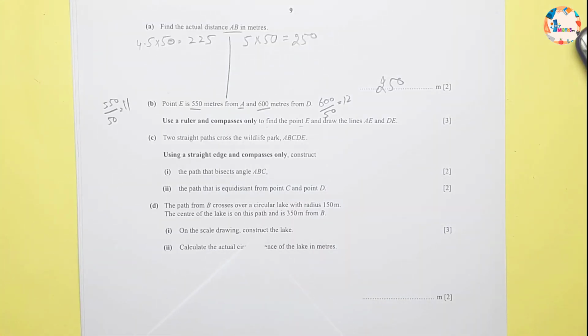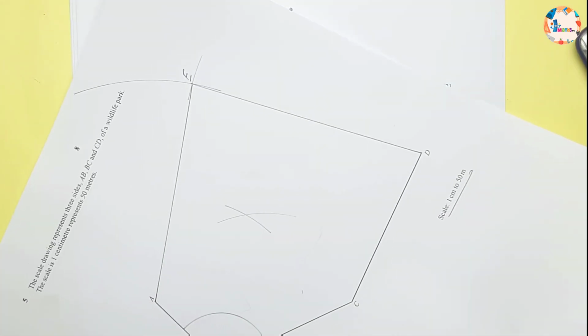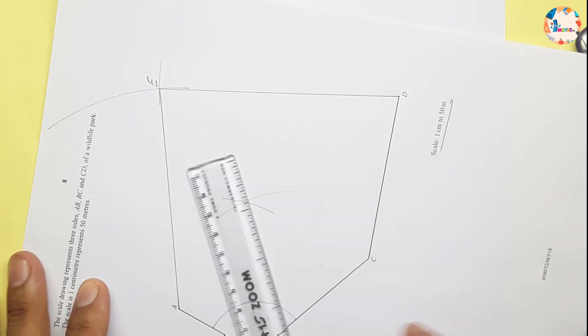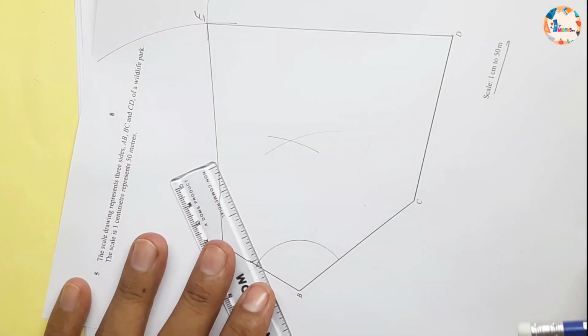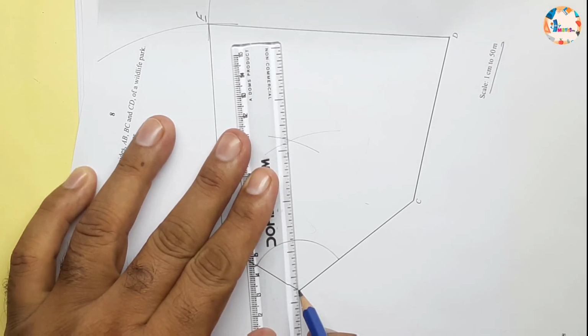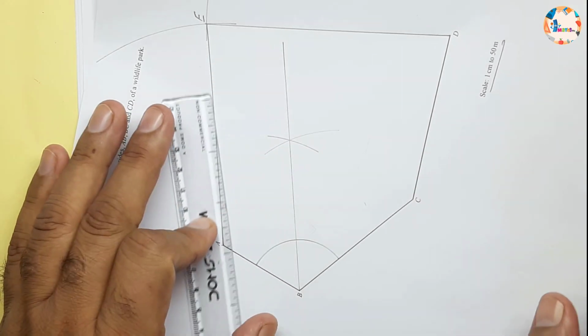So they are saying the path that bisects angle ABC. The bisector will be like this one, from here to this one.